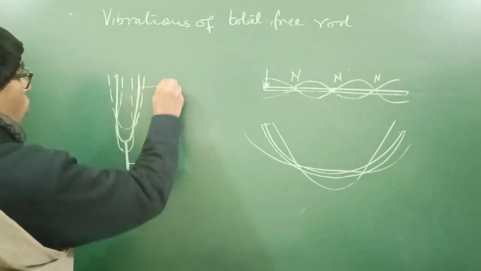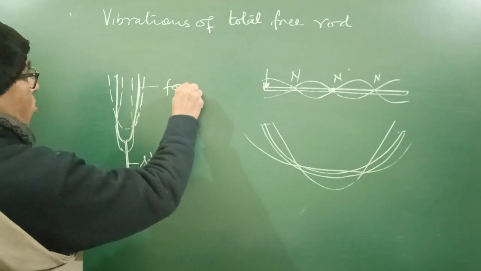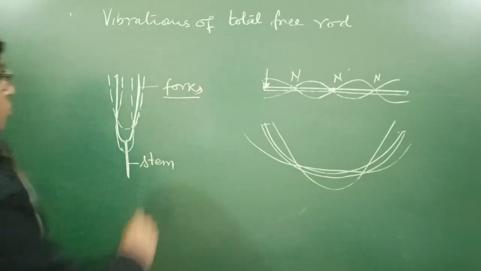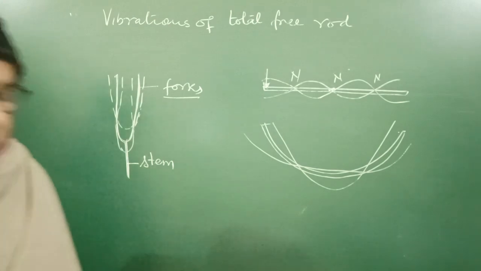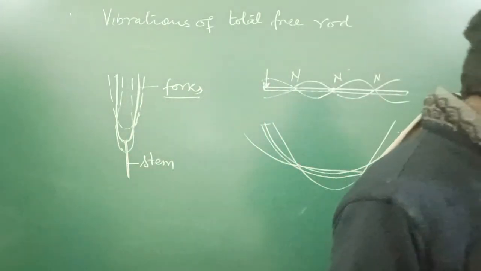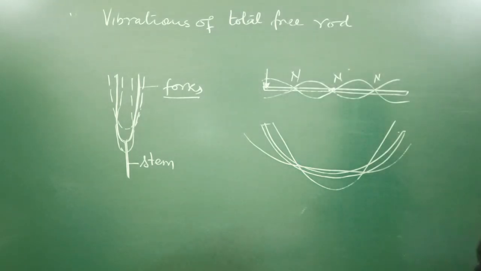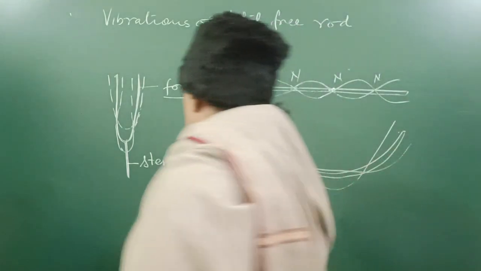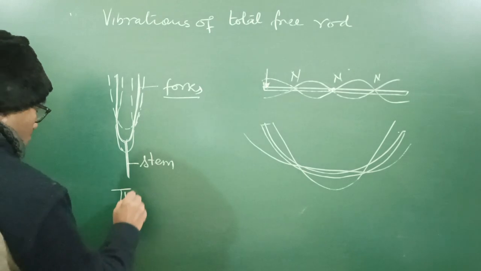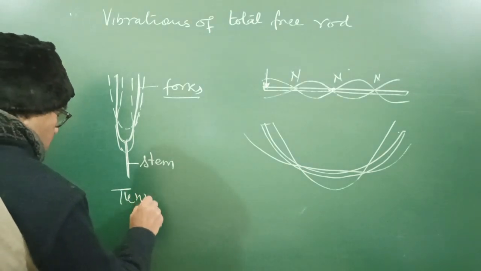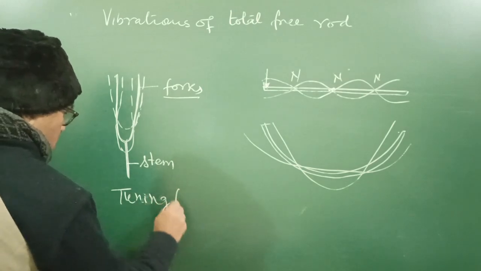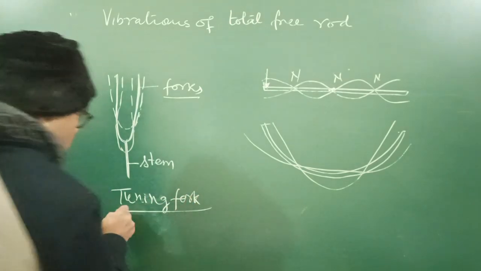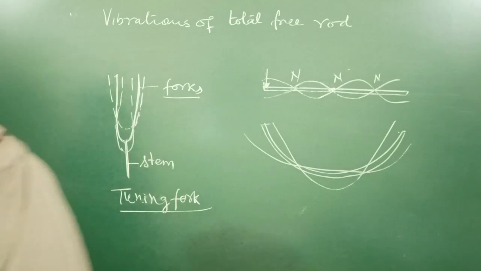These are called forks. So the frequency of a tuning fork depends on the elasticity of the material, mass and length. I have told you already. So this becomes a tuning fork.